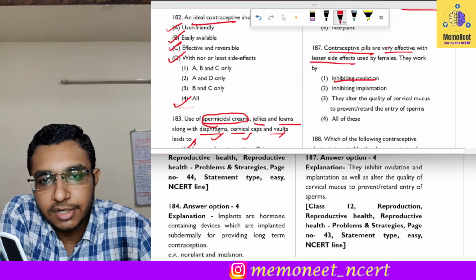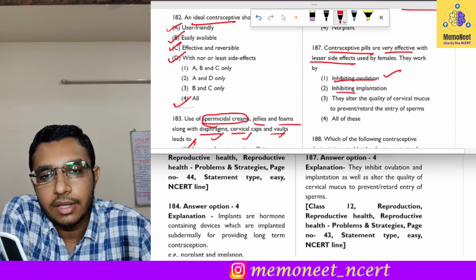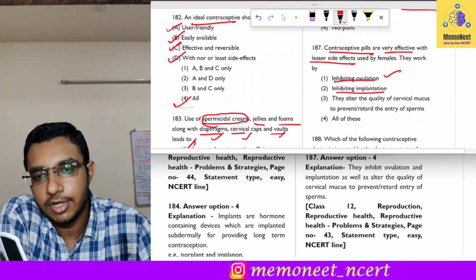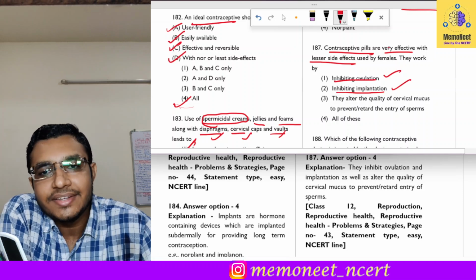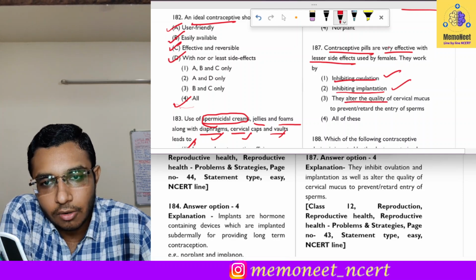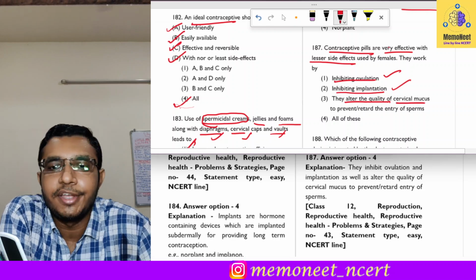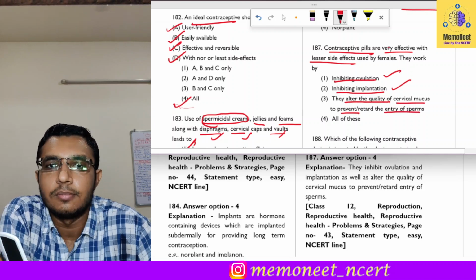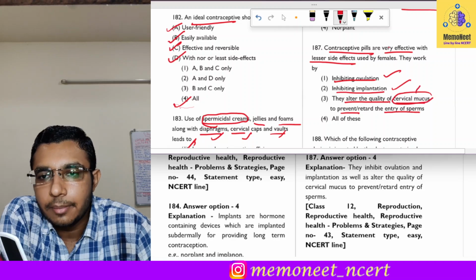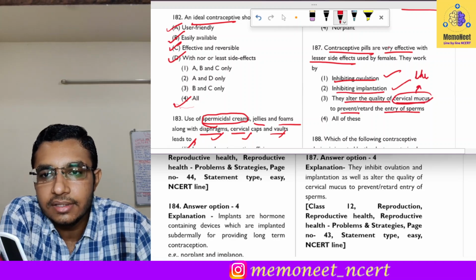They inhibit ovulation, thereby there will be no ovulation, so there will be no implantation. Also, an additional effect of the pills is that they alter the quality of the cervical mucus to prevent or retard the entry of the sperms. So they make the cervical mucus very thick.